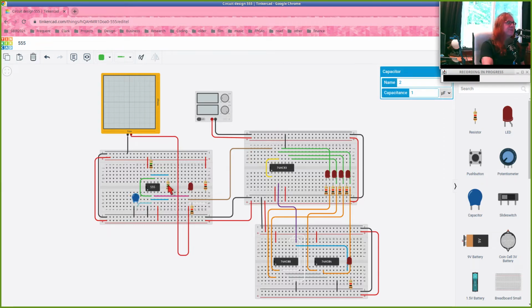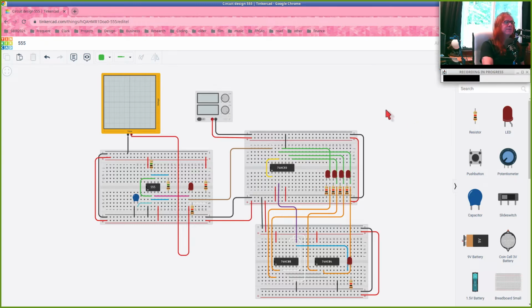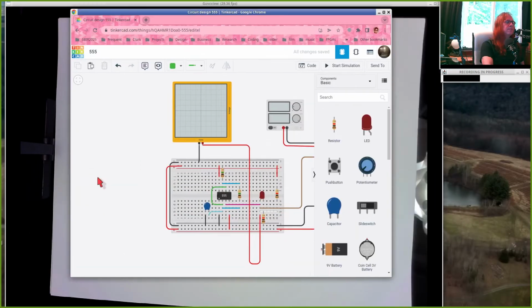Capacitor is 1 microfarad. The resistors are mega ohms. And if you set this thing up to 1 millisecond, and you run this, well, you get this as your observed waveform.